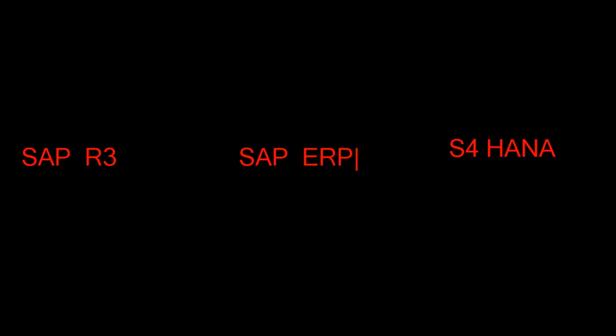SAP R3 is the third generation, the SAP real-time third generation system. After that, SAP R3's name changed to SAP ERP. Recently SAP released S4 HANA. This is the fourth generation, and this is the third generation.